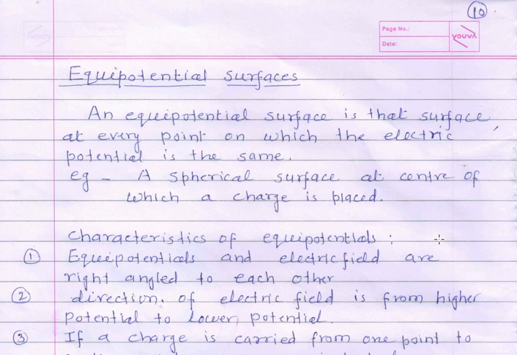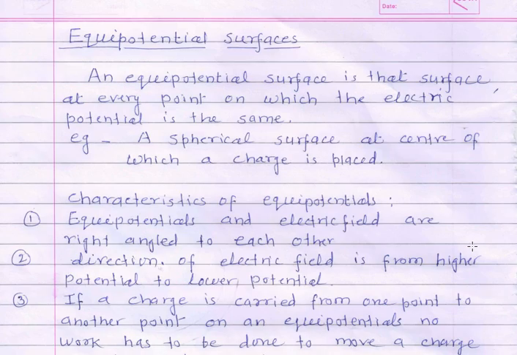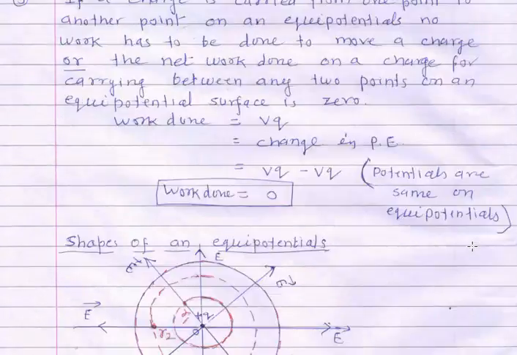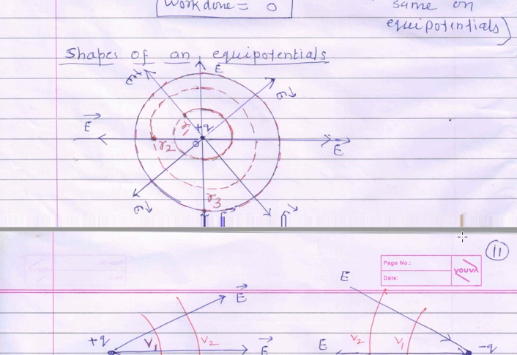For example, a spherical surface at the center of which a charge is placed. So that you can understand, if plus q charge is placed at the point O here, then at a distance r1 we can find out the potential, which is given by the formula 1 upon 4 pi epsilon 0 q upon r1.